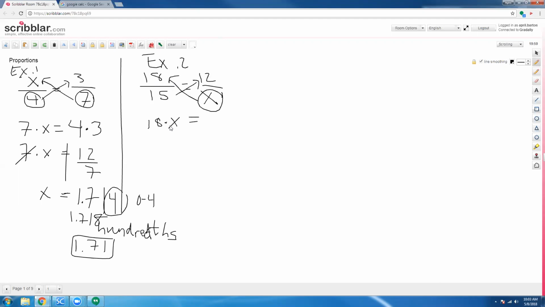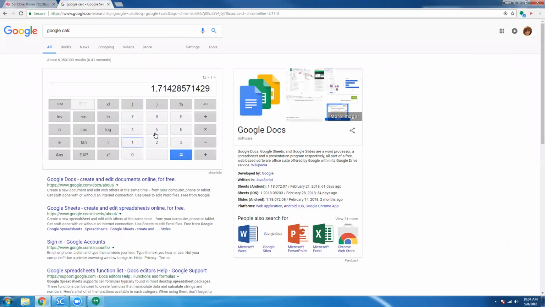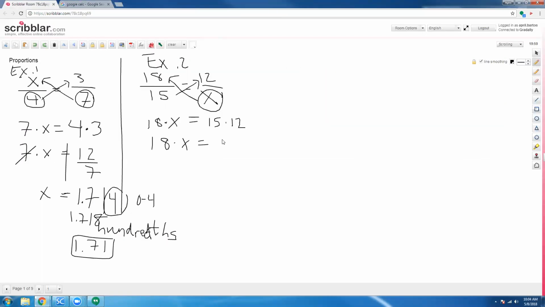So 18 times x, and then we do the other direction, 15 times 12. So the number times the variable we couldn't actually combine together, but the 15 times 12 we can, which is 180.